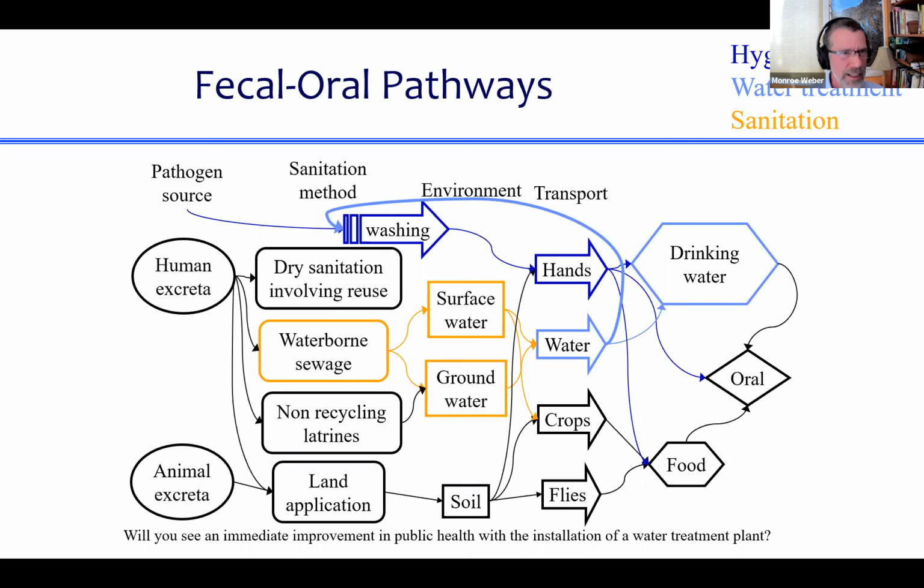What device in your home or your dorm makes it easy for you to wash your hands? You know, we talked about the toilet, but the other critical infrastructure is the sink.